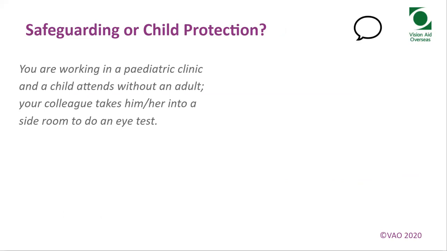The following is a full group discussion exercise. Scenario 1. You are working in a paediatric clinic and a child attends without an adult. Your colleague takes him or her into a side room to do an eye test.